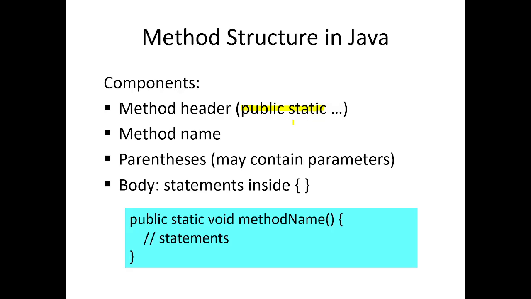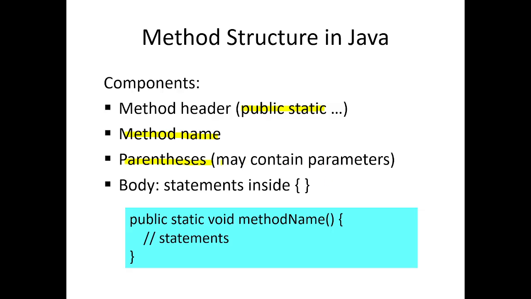A header works like a manager in that program. Then you have the method name. The first component is the header, the second is the method name, and then we have the parenthesis. In the parenthesis you may have a parameter, sometimes called an argument.